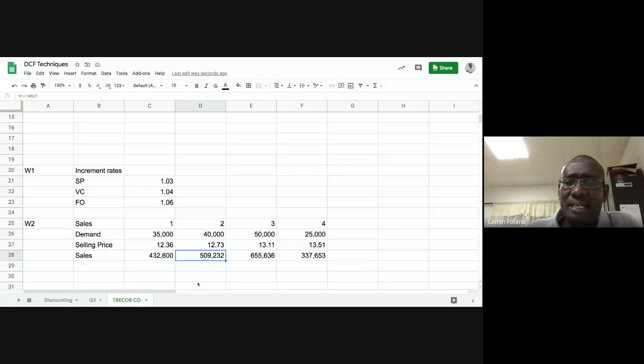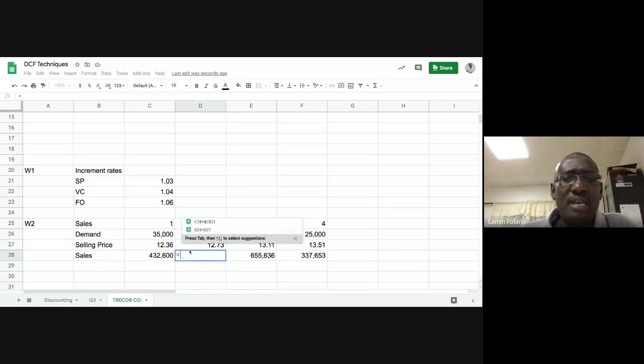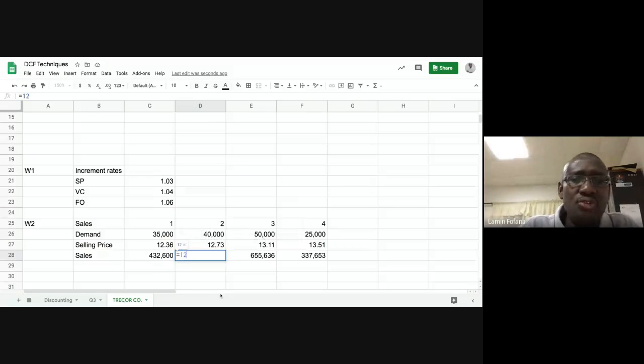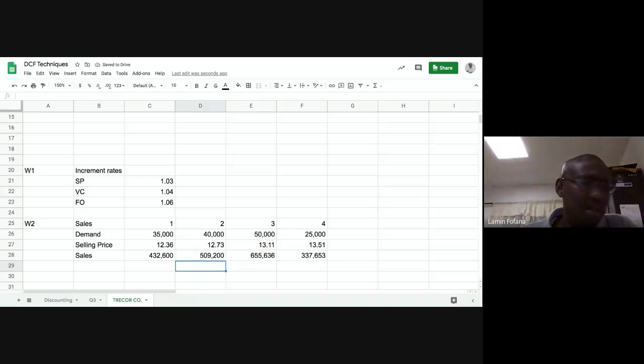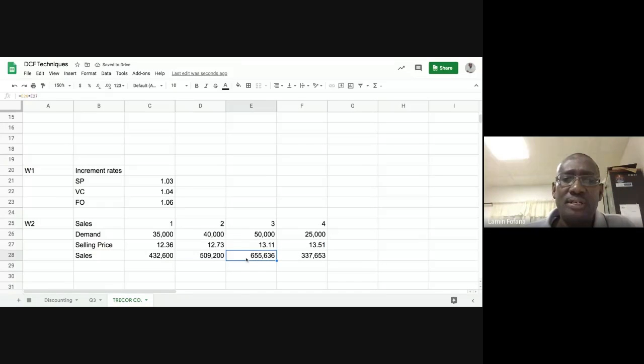So we can take this one because for me it's faster to just apply the formula. I could equally use 12.73 multiplied by the 40,000, which will give me exactly 509,200. I'll just use that as you're going to do it on the calculator.